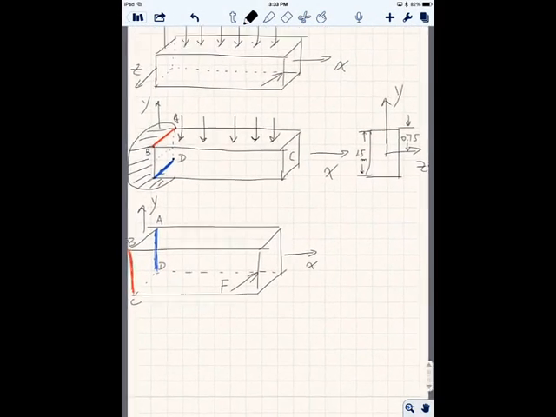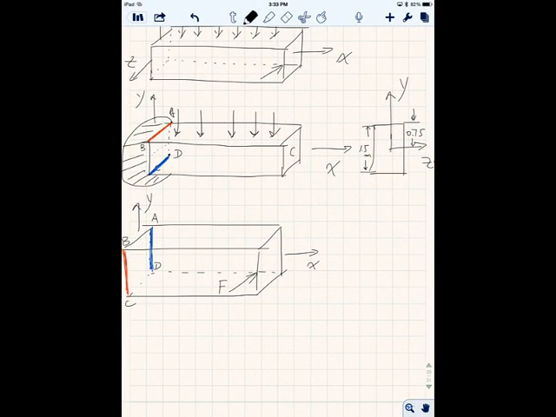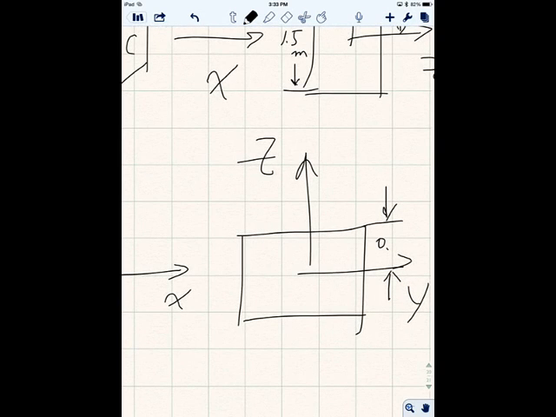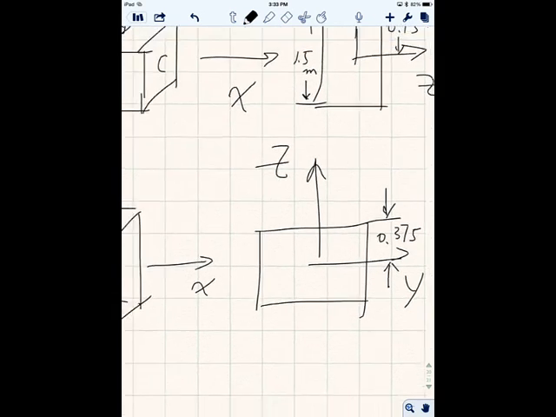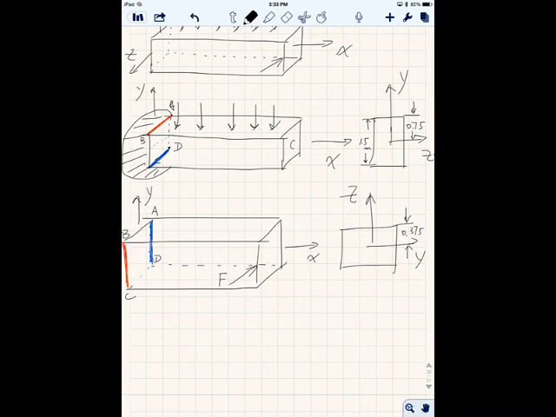Okay. Now, let me draw this cross-section view. Z and Y. So because the length along Z is 0.75, half of it will be 0.375, if I did my math right. Okay.